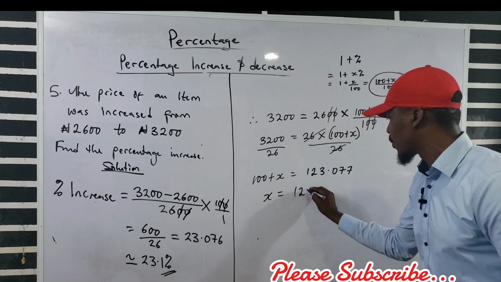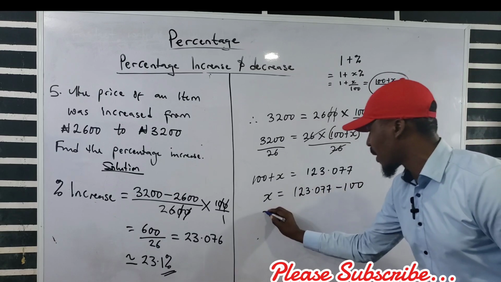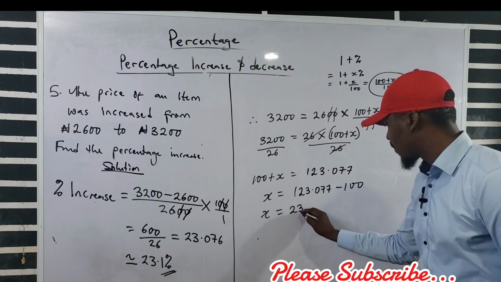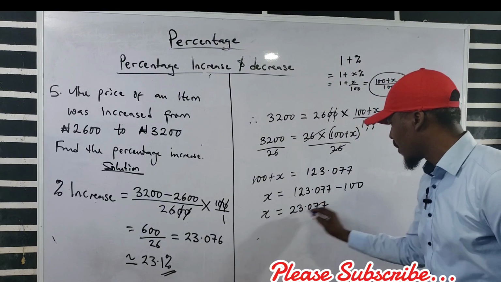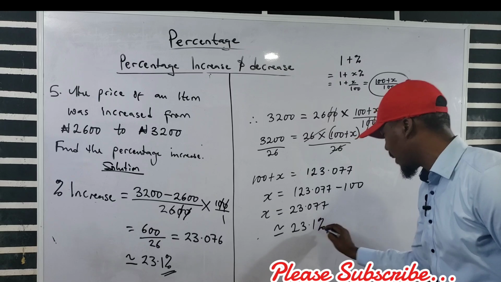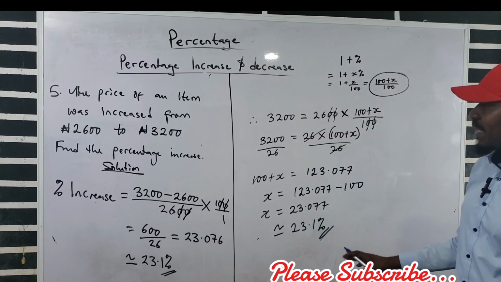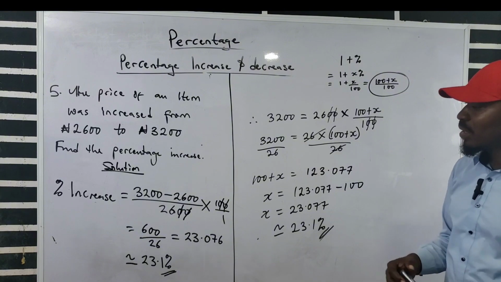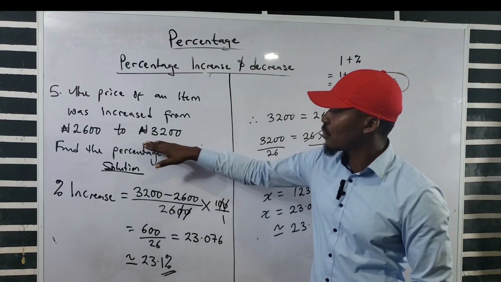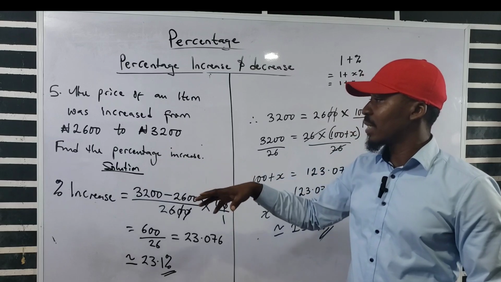So how do we get our x now? We have 123.077 minus 100. So that will give us 23.077, which is approximately 23.1%. So you can see that we have the same answer at the end of the day. But for me, whenever the two amounts or the two quantities are given to me, I will use the first method.